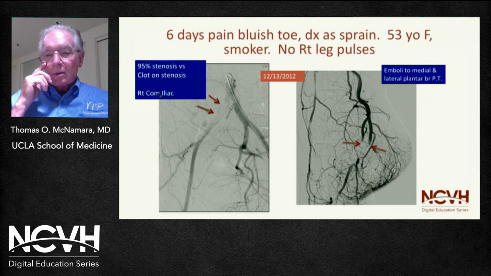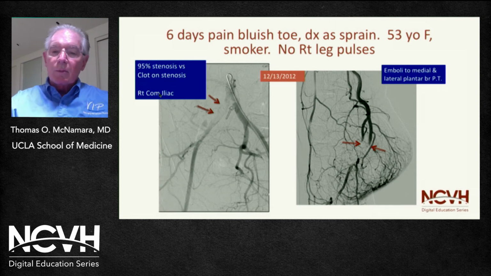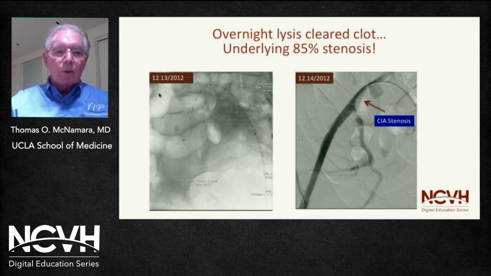Distally, we see there's occlusion of the medial and lateral branches of the posterior tibial, in the medial and lateral plantar branches. Overnight, we infused a low dose of TPA. Following a morning, we see that there is a marked change in that appearance, and we were presuming that the overlying thrombus has largely resolved.